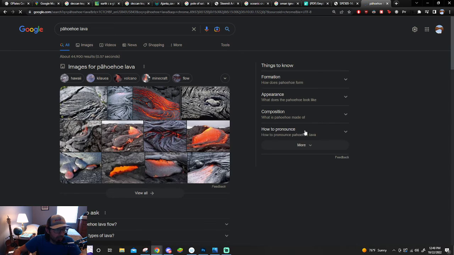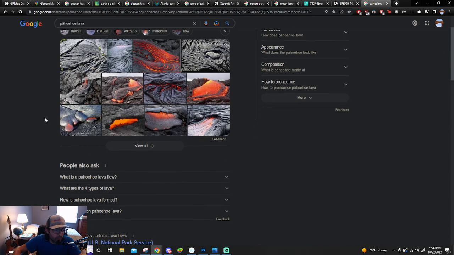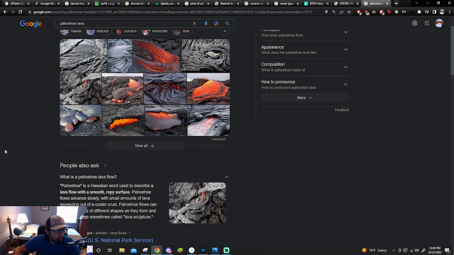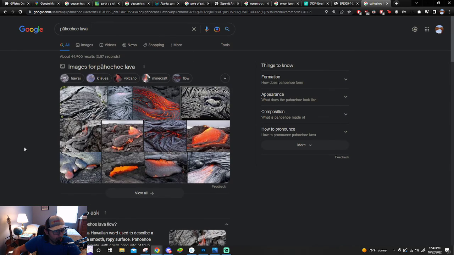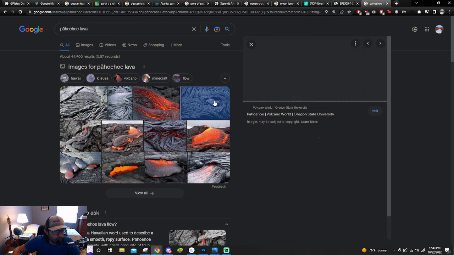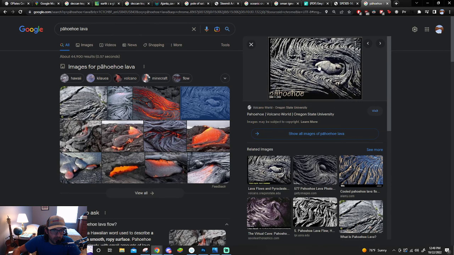Pahoehoe lava, so just like a fluid, smooth, ropey surface. Wow. The way it's just forming like currents around it.